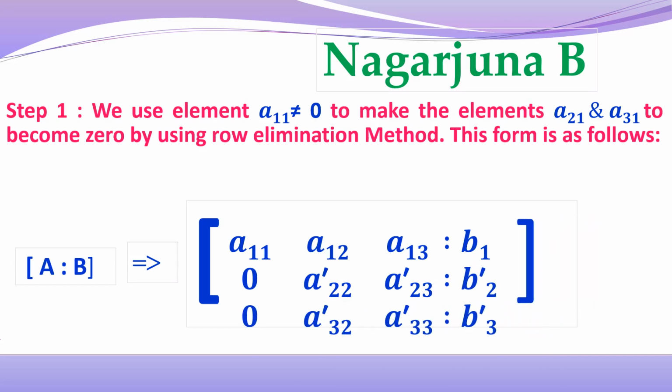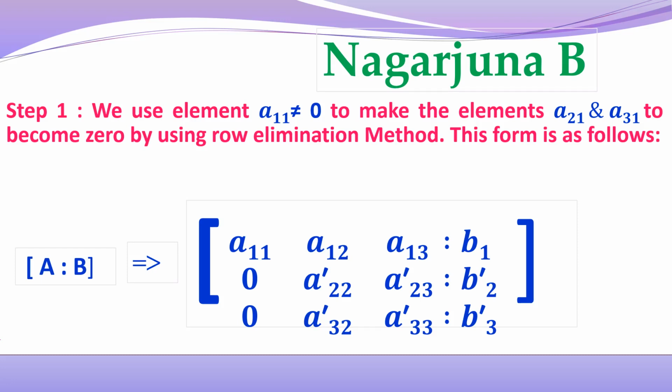Why? Because we have made the elements a21 and a31 become 0 by using a11 by the row elimination method. For that purpose the a22, a23, a32, a33, b2 and b3 values will be changed, so we have denoted them with a'22, a'23, a'32, a'33, b'2 and b'3 respectively.